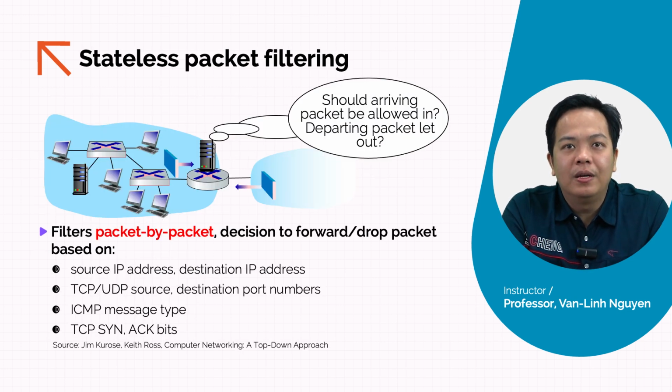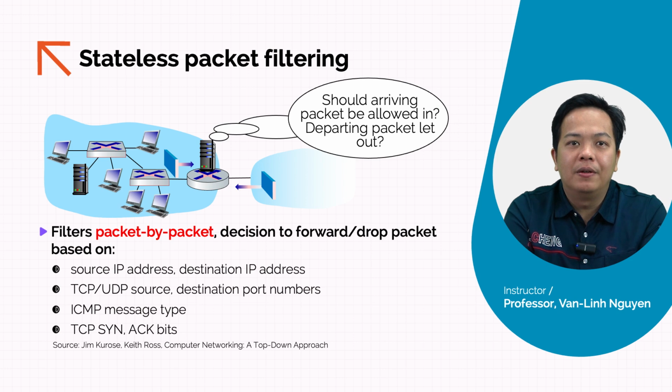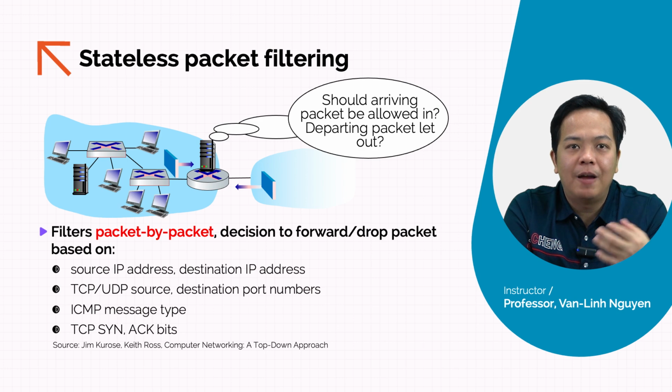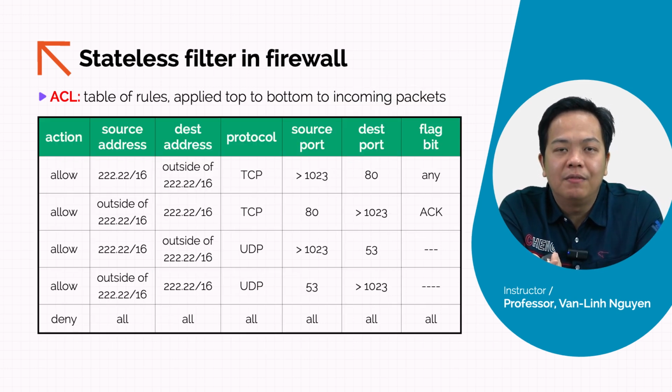There are three types of firewalls. The first is the packet filter, which filters at the packet level. You can set the source IP, destination IP, TCP packet type, and the port number. On the screen we have a packet filter in the firewall.